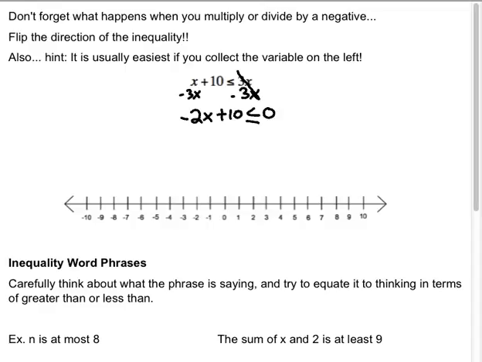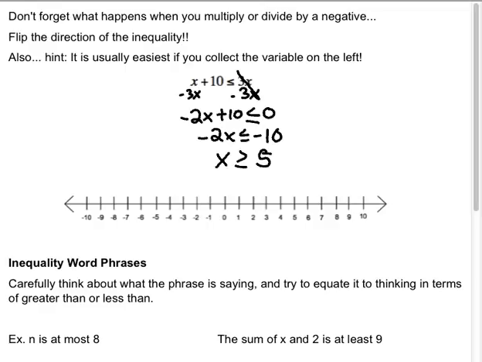But that's okay, because I'm going to move that 10 over. I'm going to subtract the 10, and now I'm going to divide by -2. When I divide by -2, I'm going to get x and +5. But you also have to remember, because I'm dividing by a negative here, I'm flipping the direction of the inequality.